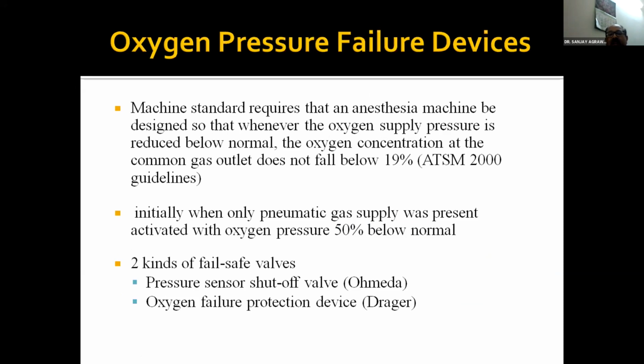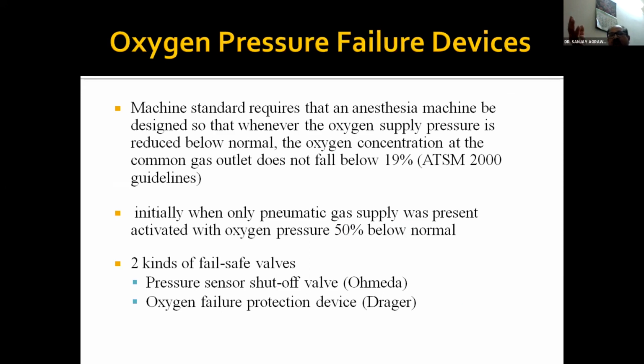Machine standard requires that an anesthesia machine should be designed so that whenever the oxygen supply pressure falls below a certain level, initially as per the pressures, that is 30 psi, when we were using Boyle's machine, the nitrous was cut off and only oxygen was given.